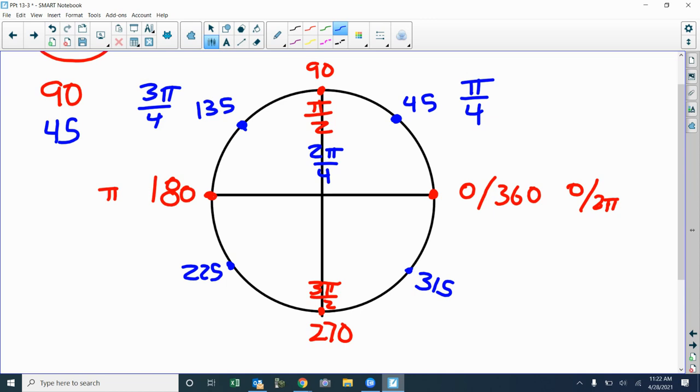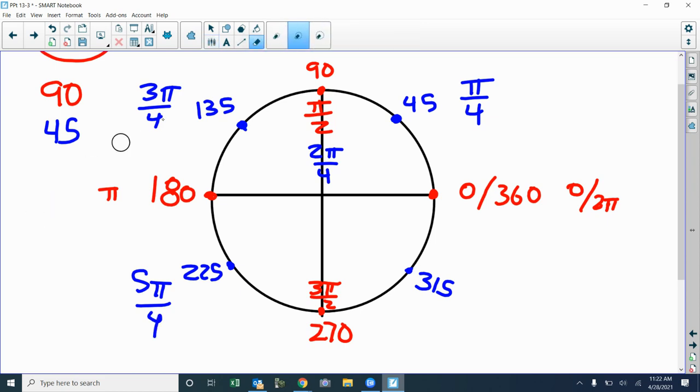You see what I'm trying to get you to see, the fractional amount? 180 would be 4 pi over 4, but we don't write 4 pi over 4, we just write it as pi. So how about 225, what would that be? 5 pi over 4.